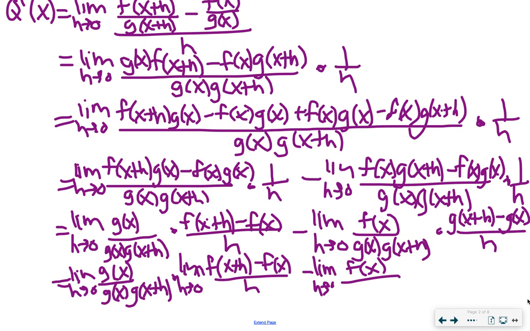Notice how I did not divide out those g of x's, because I still have a denominator of g of x, so I can find that common denominator anyway.